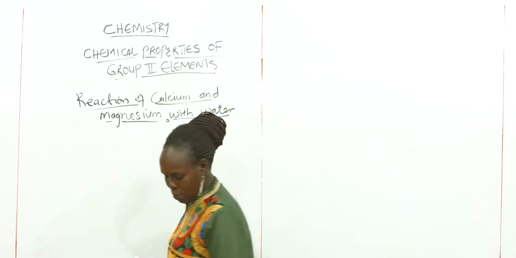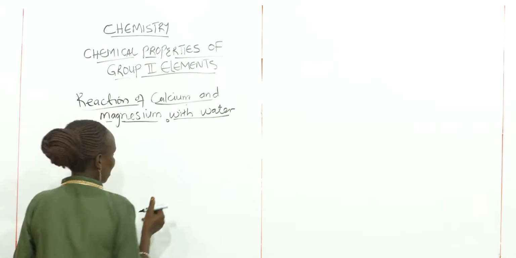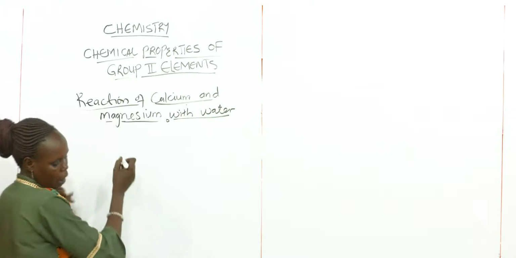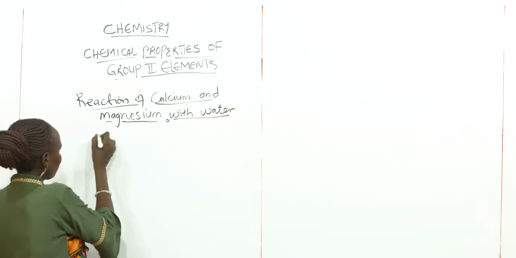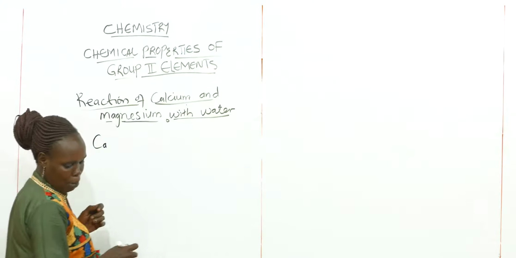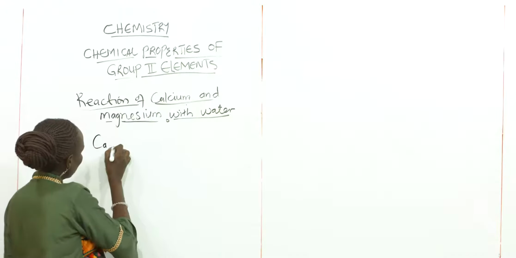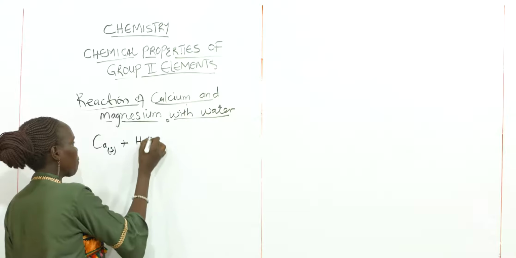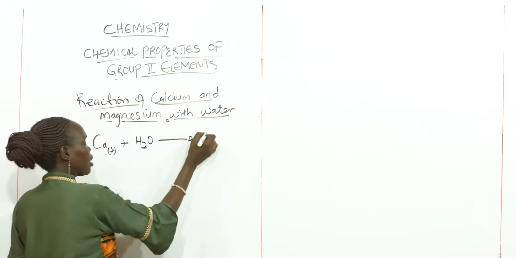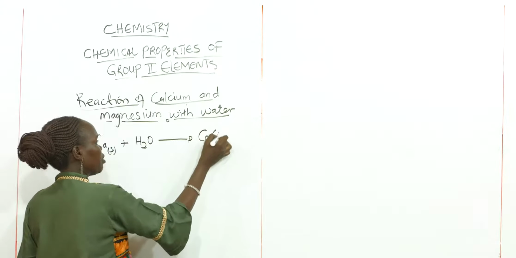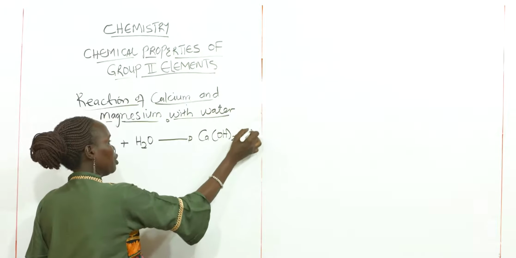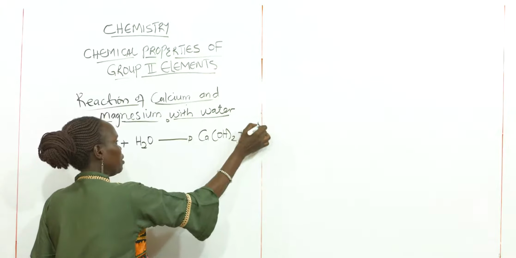So here we're going to represent this by writing a chemical equation which shows that calcium, which is a solid, plus water, will give us calcium hydroxide and plus hydrogen gas being evolved.